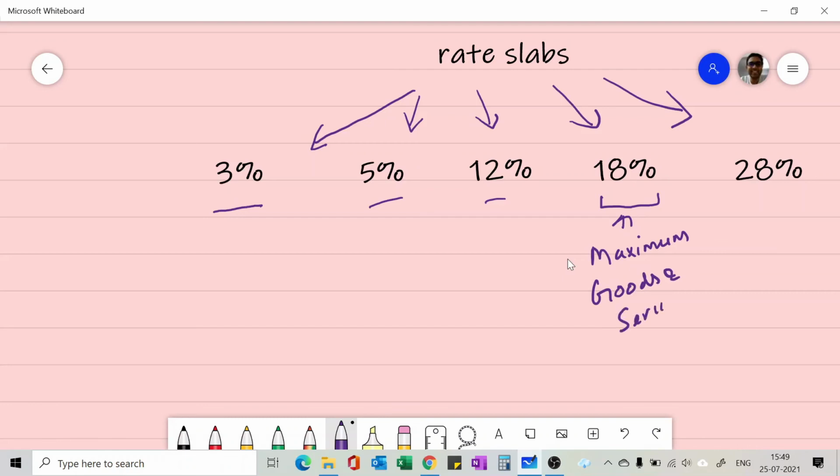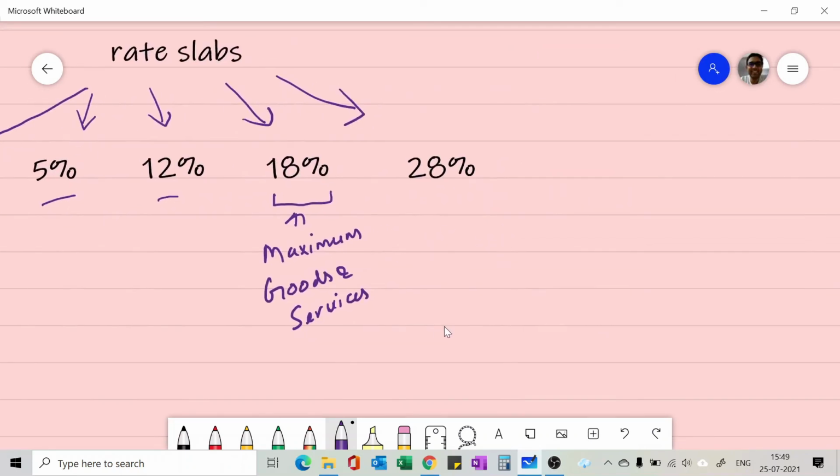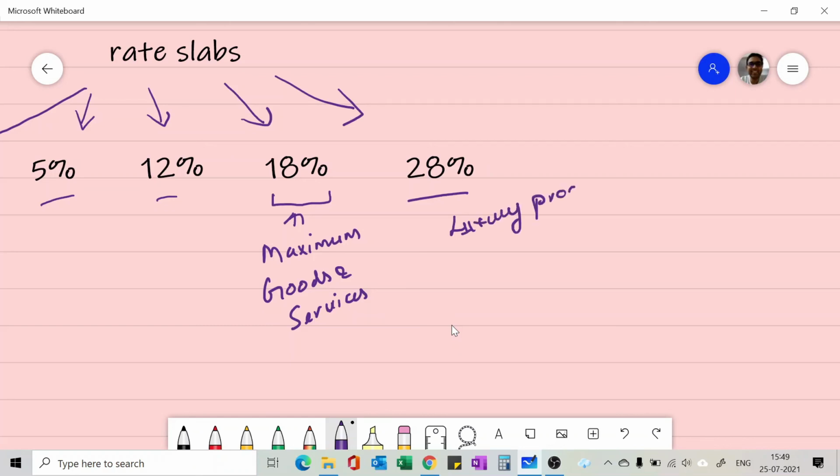In total, 81% of all goods and services fall below or in the 18% tax slab. All essential commodities and other things will fall at or below the 18% slab, and only close to 19% of the items will fall in the highest slab of 28%.